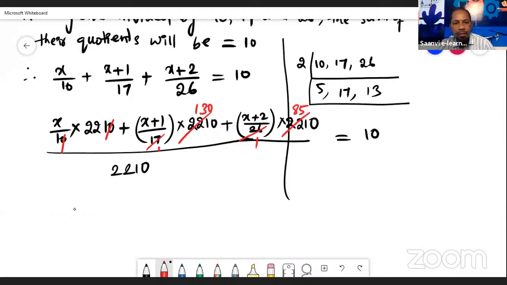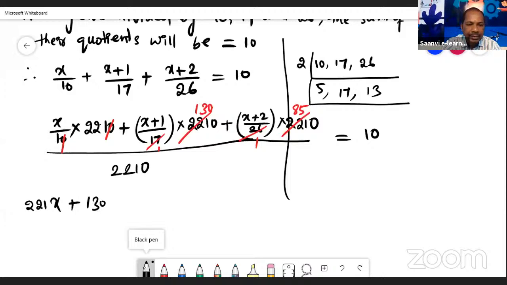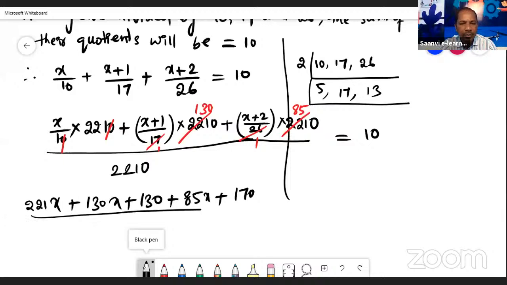Now x into 221, it means we get 221x. Plus 130 into x, 130x plus 130 into 1, 130, plus this x plus 2 multiplied by 85, x into 85, 85x plus 85 into 2, 170, by 2210. That is equal to 10.